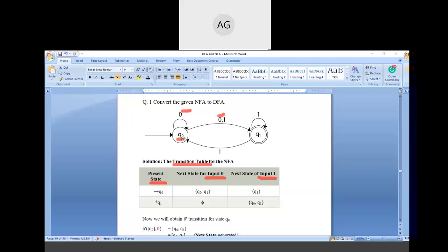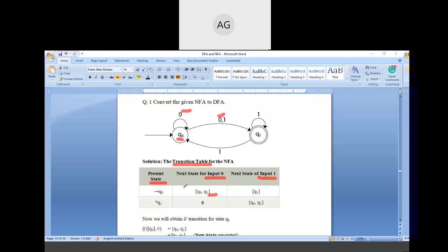So on the present state q naught, which is the initial state, on getting input 0, either we stay at q naught, or we can move to q1. That means on getting input 0, we can get two states, either q naught or q1. So it can be written as q naught comma q1.